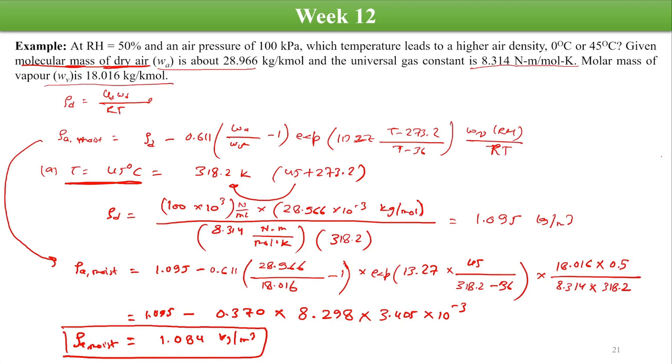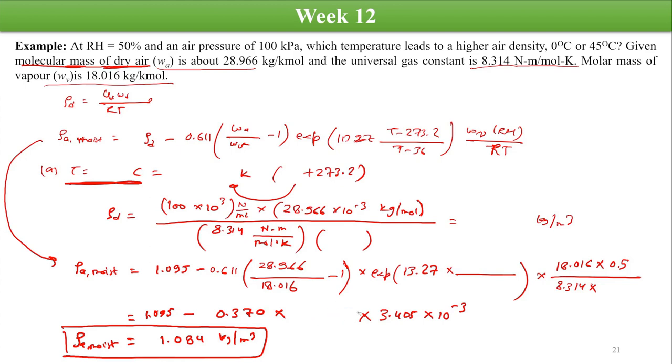Now let's see if we solve it for the other temperature that is given at 0 degrees. So what we'll get, now this temperature will change, right? Let me erase things which will change. This PD will remain constant, WD will remain constant, R remains and this T will change. And then further, WV, everything remains constant, just this temperature thing will change, and this temperature will also change.